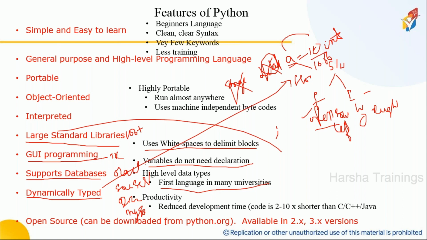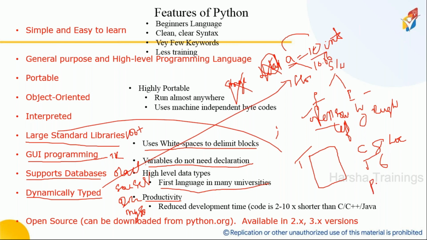The most important point is productivity. What is the meaning of productivity? For example, if I want to implement a task, and the C language takes 8 lines of code, LOC stands for lines of code, Java may take around 6 to 7 lines of code.